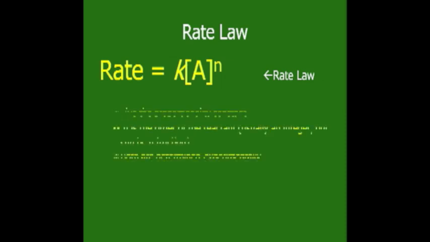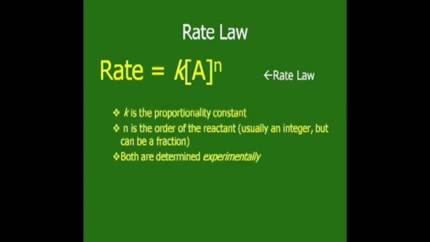As for the other parts, K is commonly referred to as the rate constant. It basically works as a proportionality constant to allow the concentration units to convert to units of rate. It tries to be a little bit tricky, but we'll deal with that as we're working with our problems in class. N refers to the order of the reactant and ultimately the reaction as a whole.